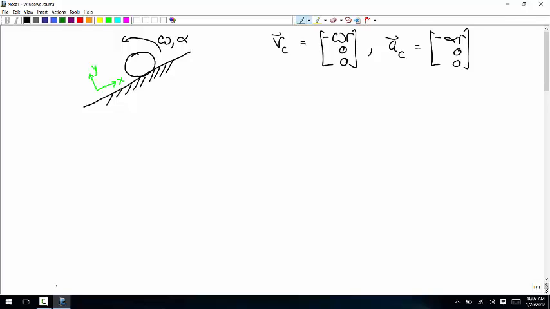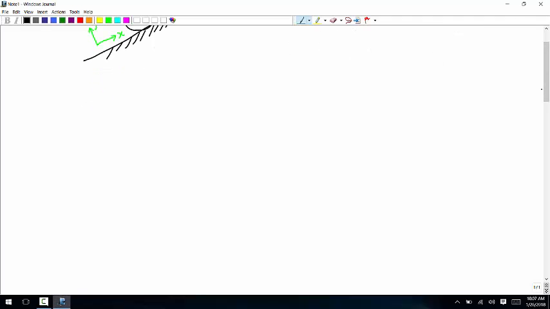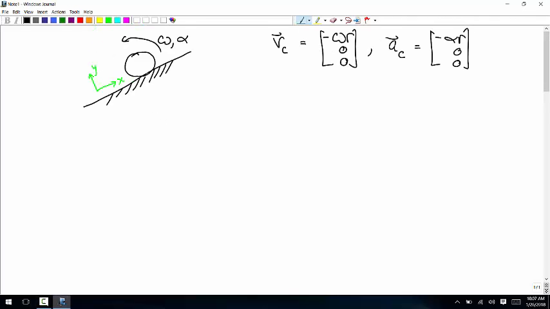Yeah. We take into consideration the centrifugal acceleration of points to the center, but not the center to the ground. So if you're trying to calculate, I'm going to call this point B, that's the contact point.